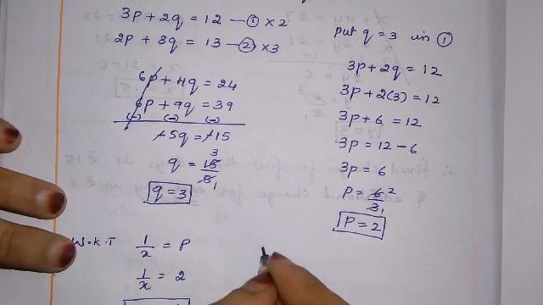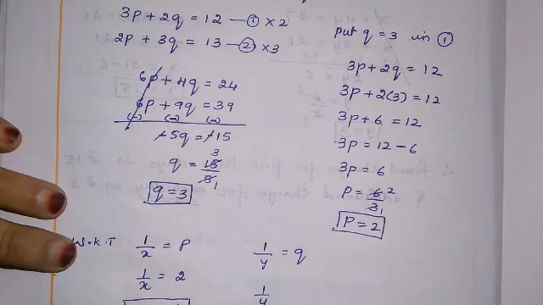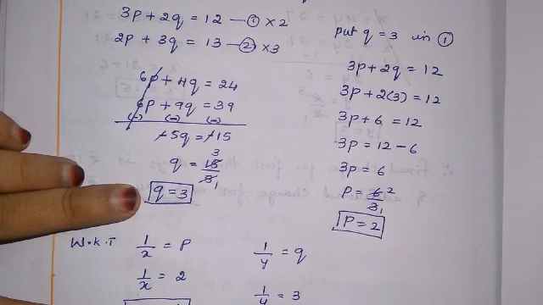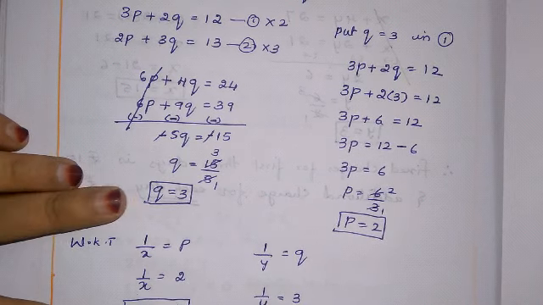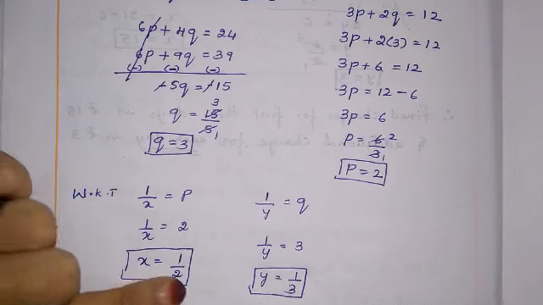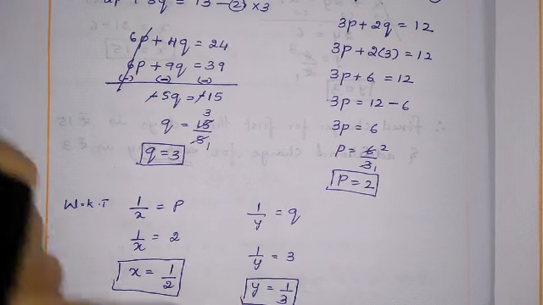Now similarly 1 by y is equal to q. q value is 3, therefore y is equal to 1 by 3. So we got the x value and y value: x is equal to 1 by 2, y is equal to 1 by 3. I am going to do the next problem.